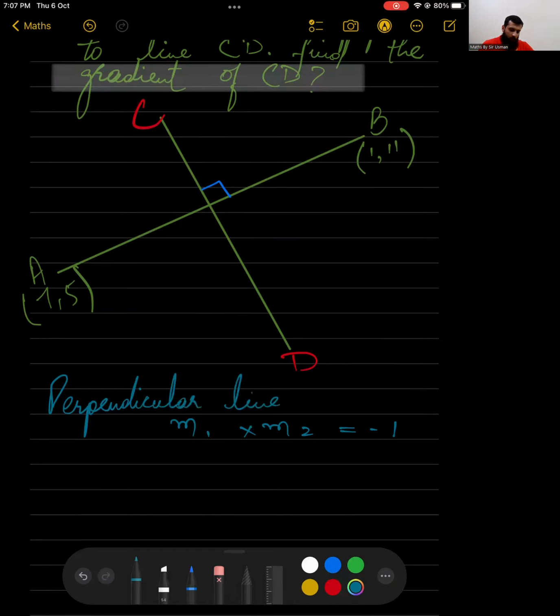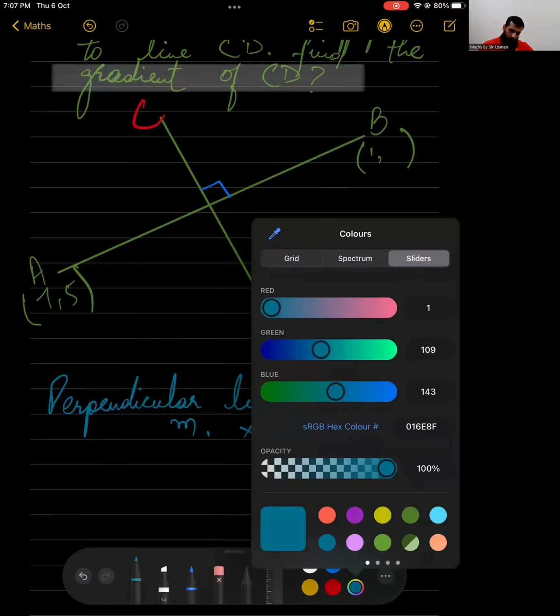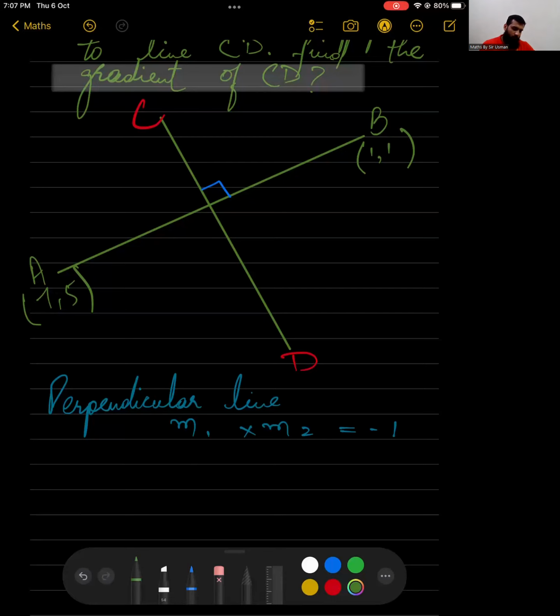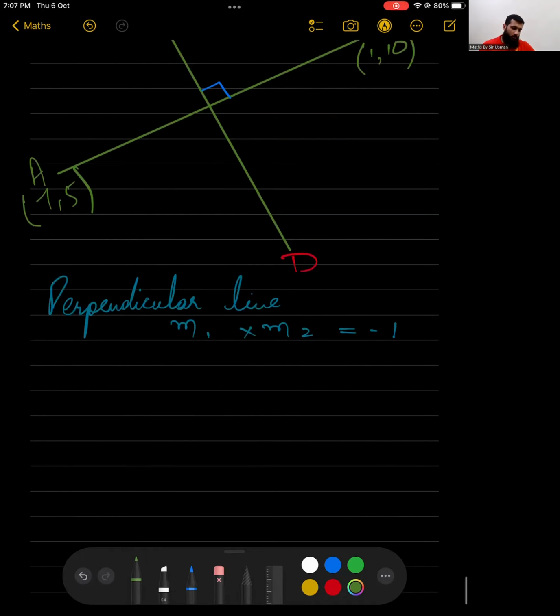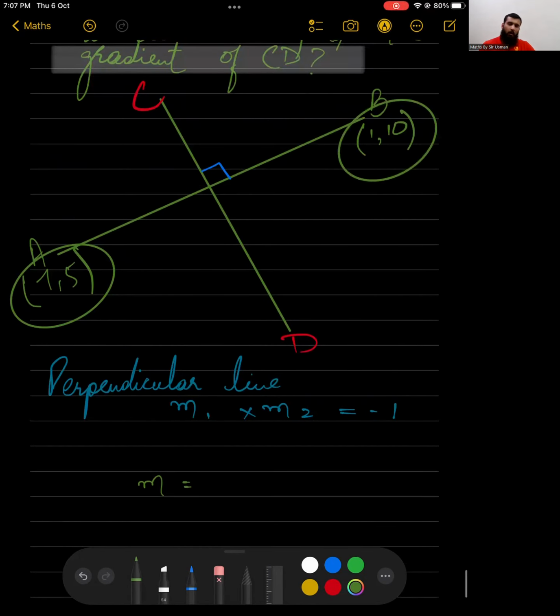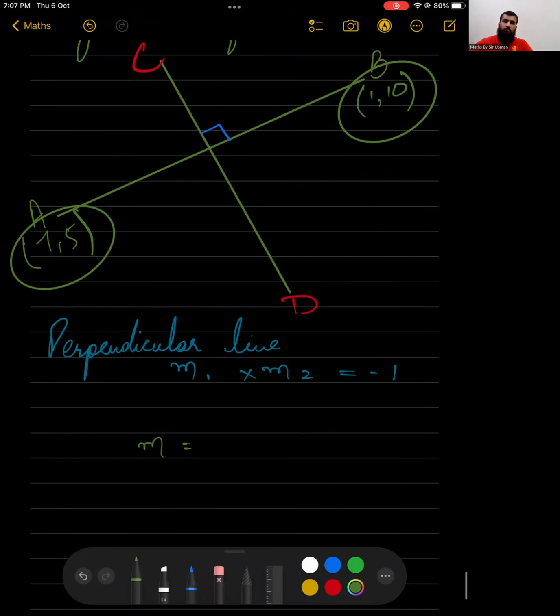Now can any one of you tell me the gradient of AB if the coordinates are 7, 5 and 1, 10? तो हमारे पास coordinates आ गए हैं as 7, 5 and 1, 10. आपने ये दो कोऑर्डिनेट्स को यूज करना है और मुझे ग्रेडियंट बताना है फॉर द लाइन ए बी. लाइन ए बी का ग्रेडियंट बताइए ऑल ऑफ यू.